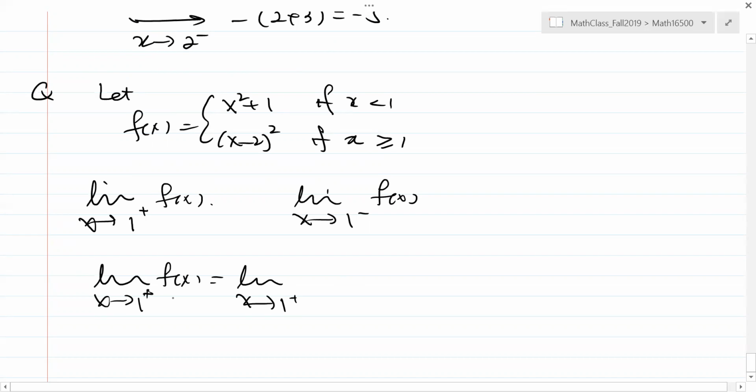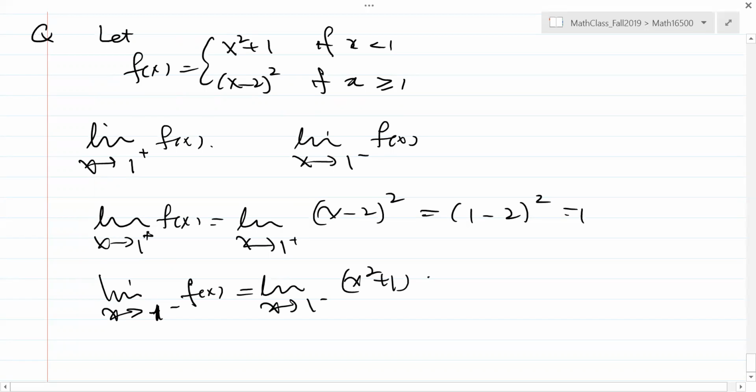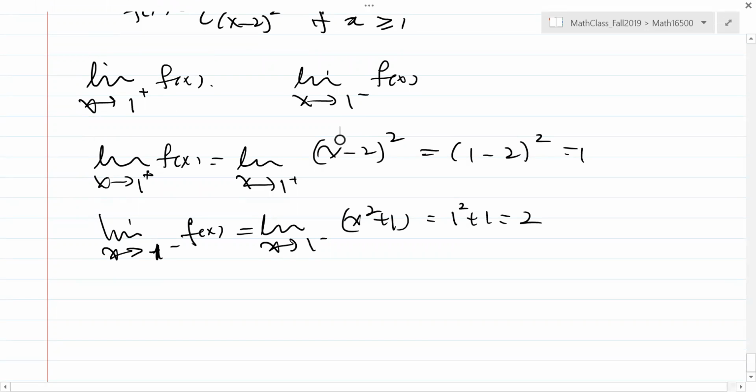What is that? x is greater than 1, so you use x minus 2 squared here. And then the answer will be 1 minus 2 squared. Okay. How about the other one? That will be x squared plus 1. Then it will be 1 squared plus 1. So from the two one-sided limits, you can see that the limit as x approaches 1 has a value.